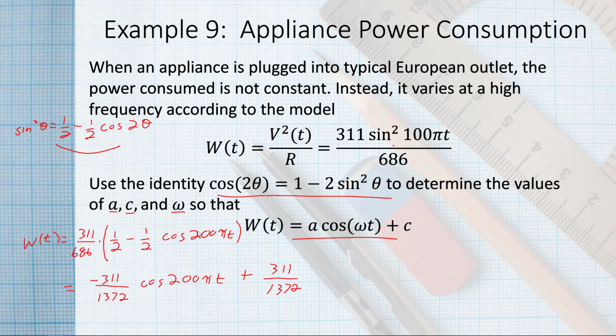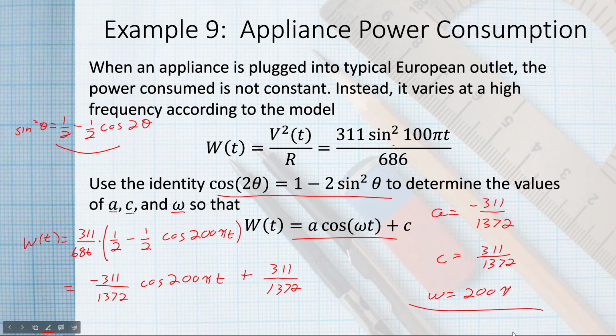For A, we will have that A is equal to negative 311 over 1372. We will have that C is positive 311 over 1372. And then we will have that omega is equal to 200 pi. And that answers the question.